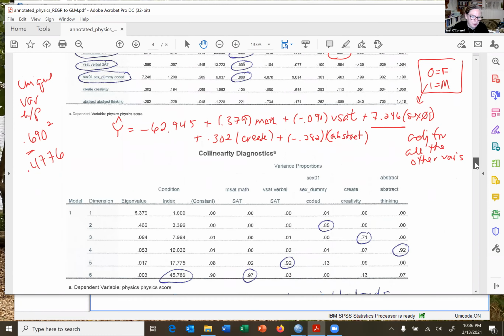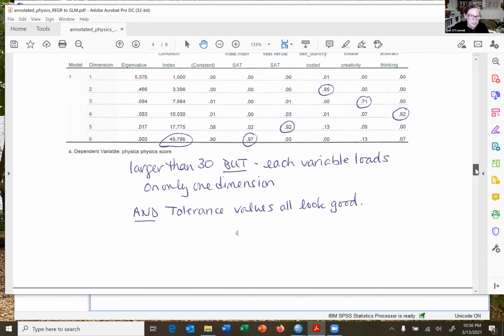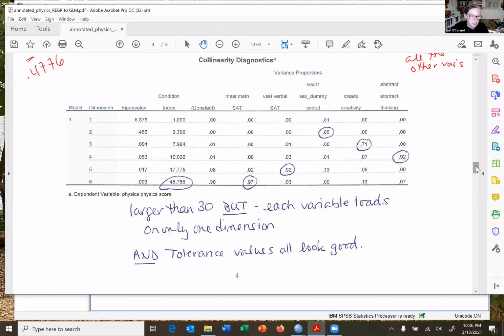So next we have our collinearity diagnostics table. It's kind of interesting to look at this now. For collinearity diagnostics, the largest condition index is definitely greater than 30. But when we look at each of the 5 predictors separately, they're all loading on only one of the dimensions independently. So that's not anything that would give us cause for concern.